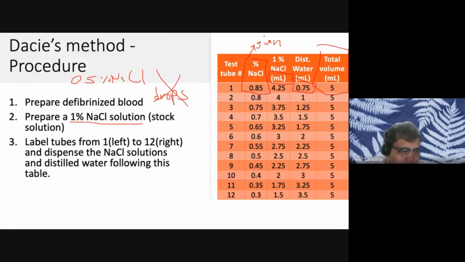So it's no longer 25 drops, 24 drops. You're going to use 4.25 ml. Then this time, you're going to label the tubes from tube 1 to tube 12. Earlier it was 14 tubes, 25 to 12. This time, you label them from tube 1 to tube 12.